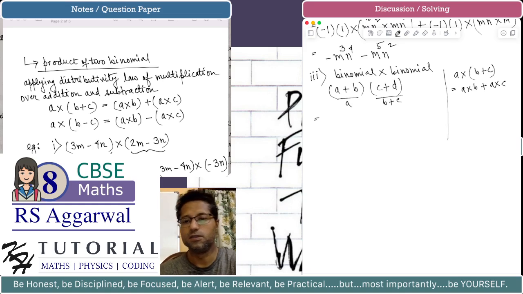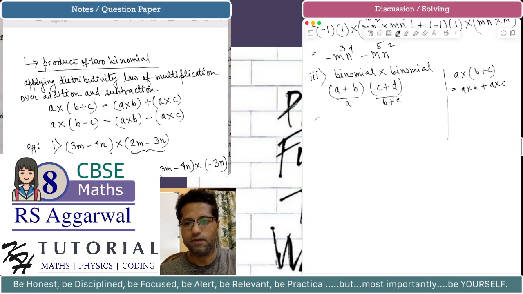Now this way of finding the product, using the distributive law of multiplication over addition and subtraction, is known as the horizontal method of finding the product of two algebraic expressions. So we know a multiplied by b plus c is a multiplied by b plus a multiplied by c.